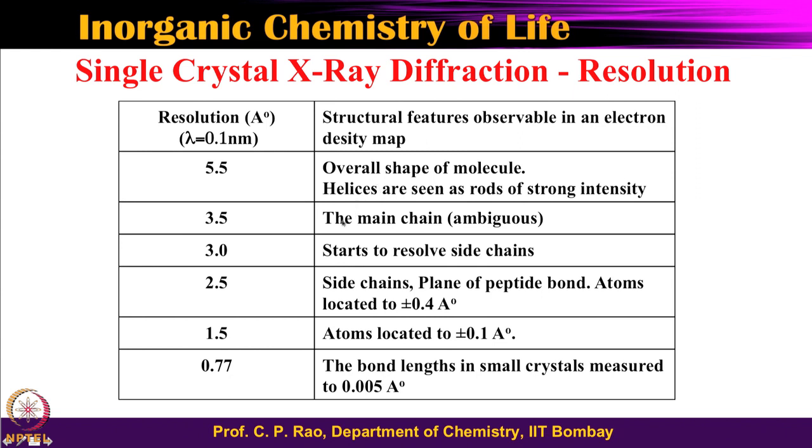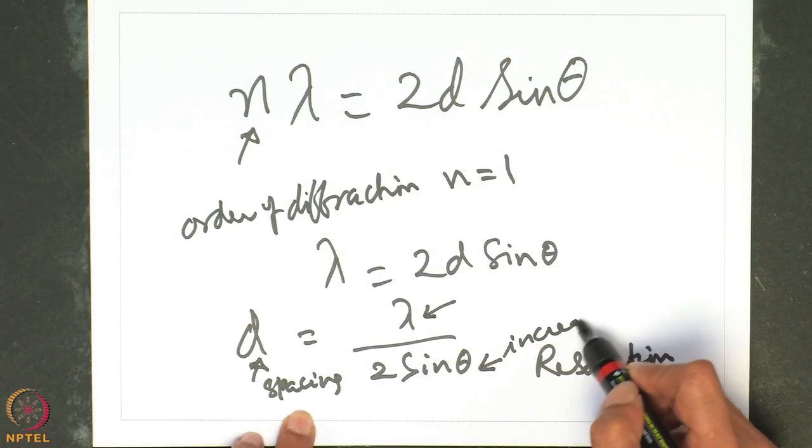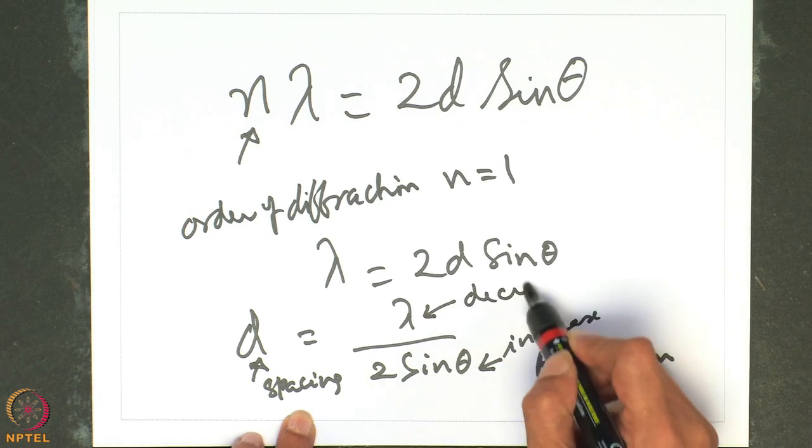Then you go to 3.5, reducing the d value to 3.5, which means increasing the resolution. Increasing the resolution is by decreasing the d value. So how do you decrease the d value here? The d value can be decreased by decreasing the numerator or increasing the denominator.